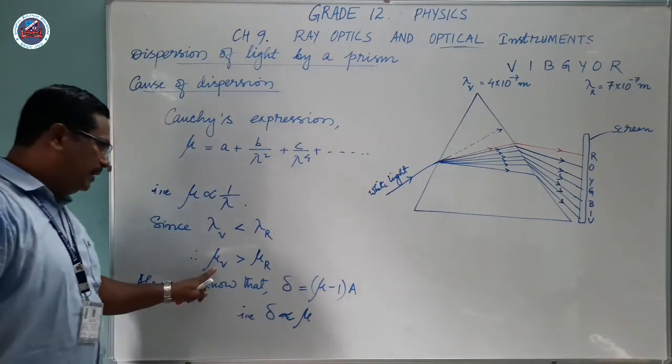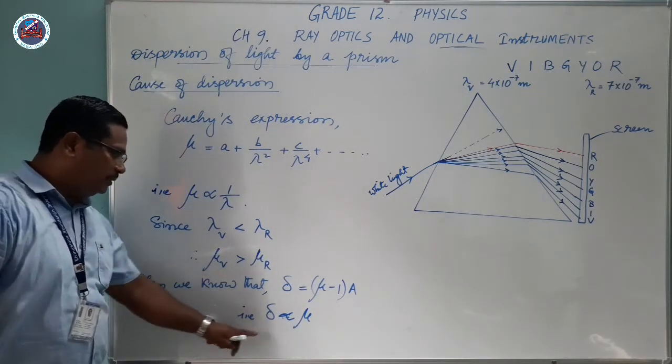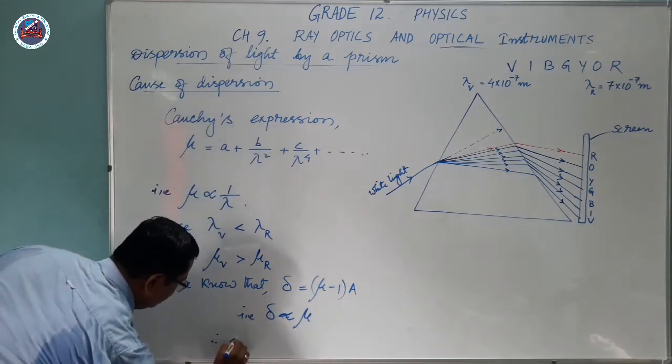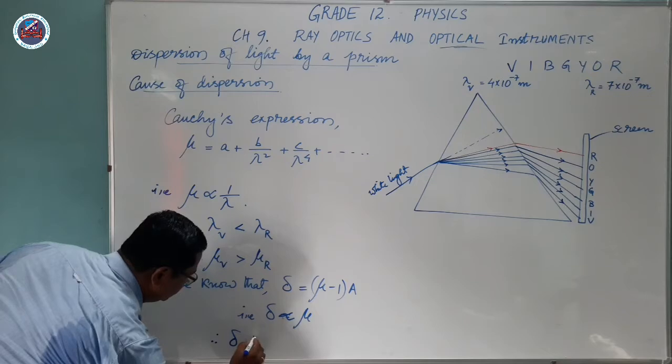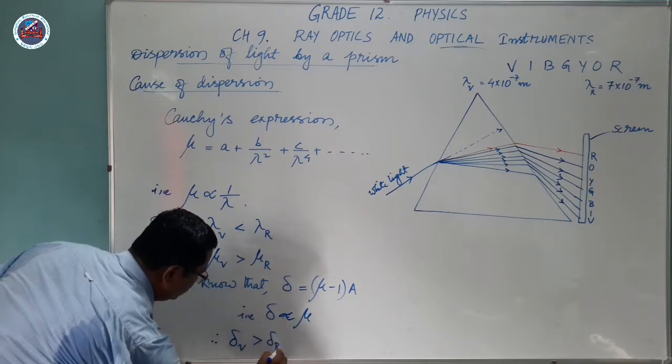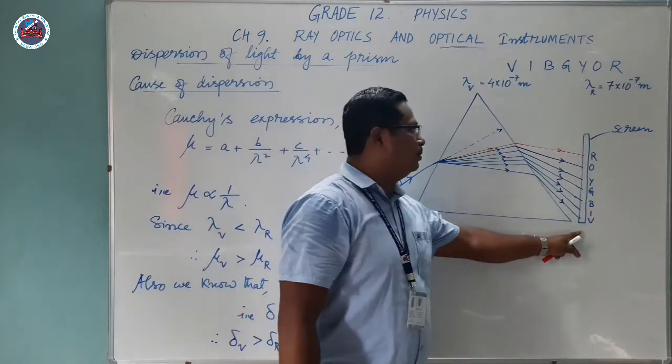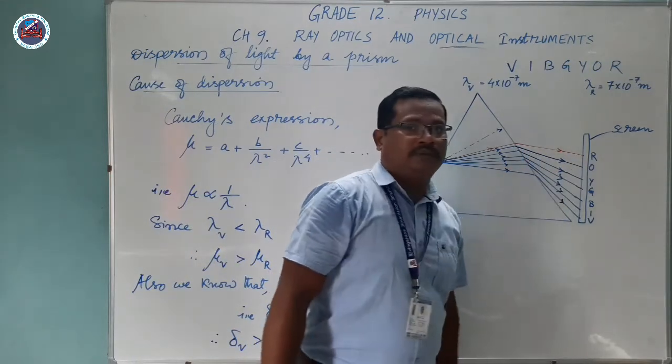So if violet light refractive index is more, the deviation also will be more. So therefore, we can write deviation of violet light is more than deviation of red light. You can see here the deviation of violet light is more than the deviation of red light.